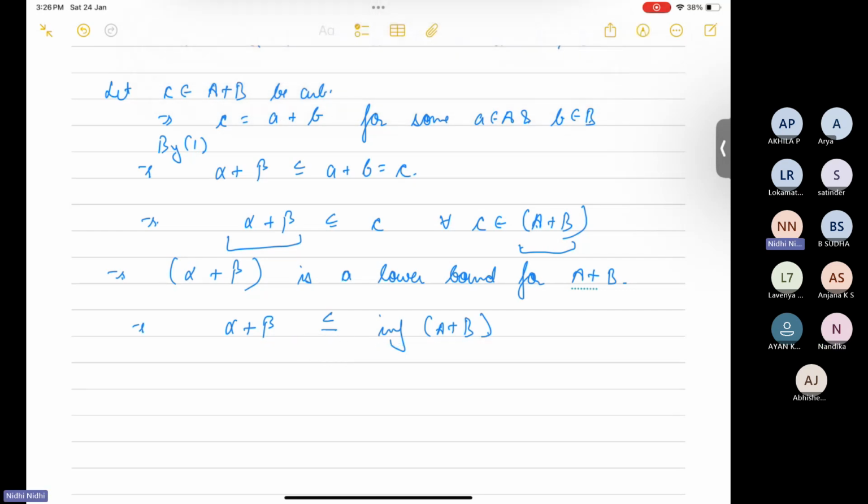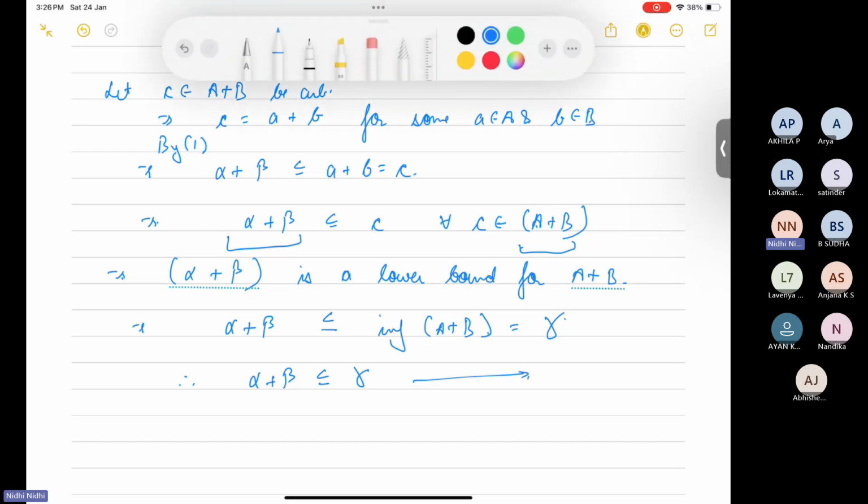And what was infimum of A plus B? Gamma. So therefore we get alpha plus beta is less than or equal to gamma. This is our equation 2. So one inequality we got. Next we need to prove that gamma will be less than or equal to alpha plus beta as well. Okay.